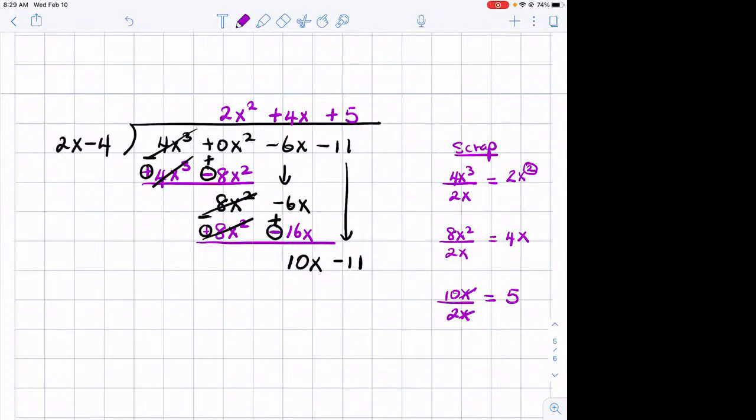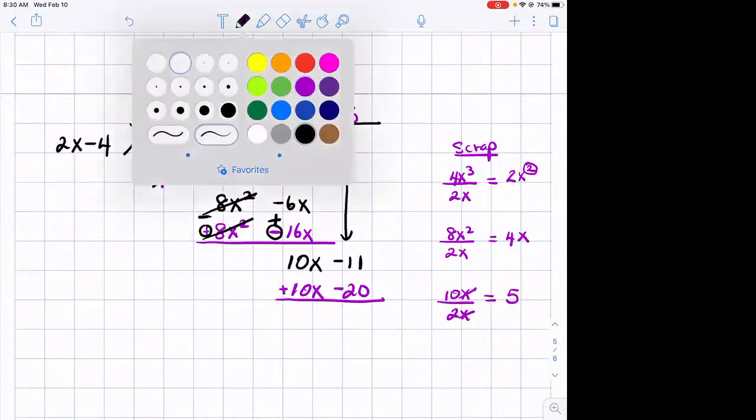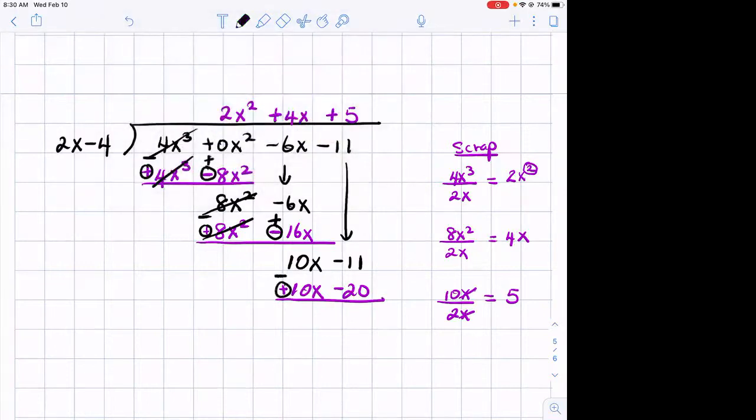And then we distribute. 5 times 2x is 10x, and 5 times minus 4 becomes minus 20. Don't forget, we have to change our signs. So minus 11 plus 20 becomes positive 9, and plus 10x minus 10x cancels out.